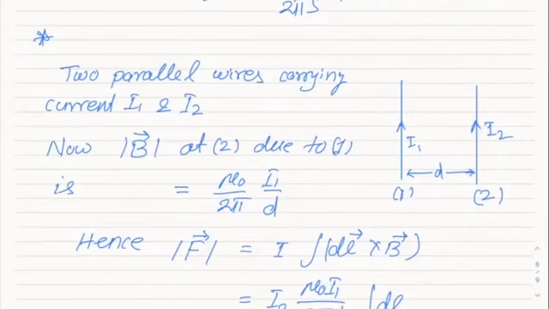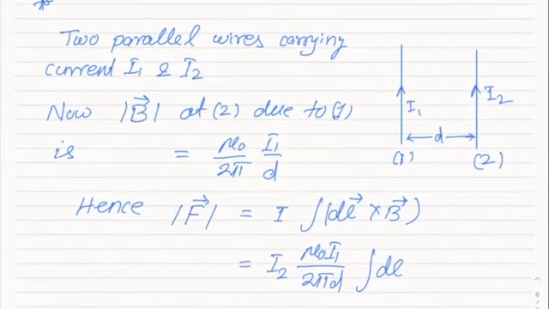Then use your force equations. The force is nothing but I dl cross B. You replace B with mu 0 by 2 pi I1 by d, and dl and B are perpendicular to each other.